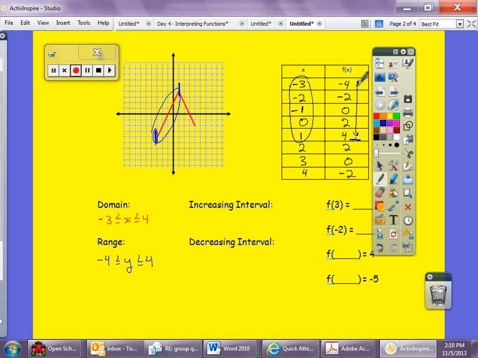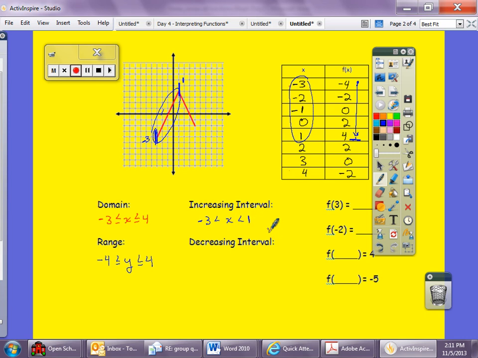These values are all going up. So from negative 3 to 1, the x value, it's increasing. So it's increasing when x is any number in between negative 3 and 1.